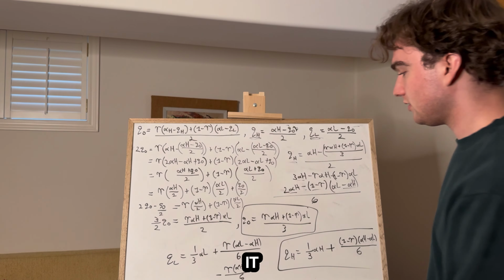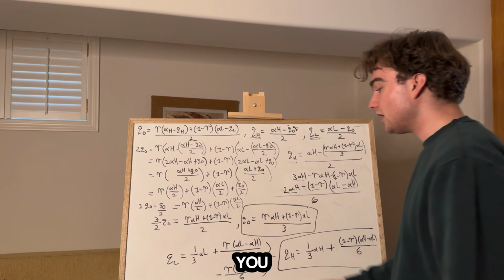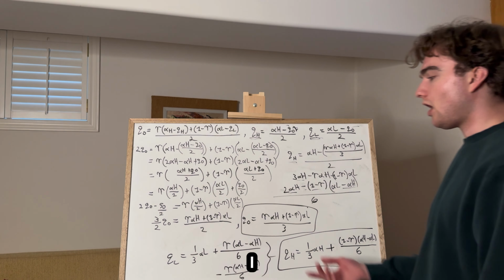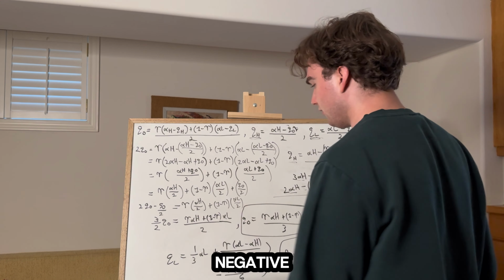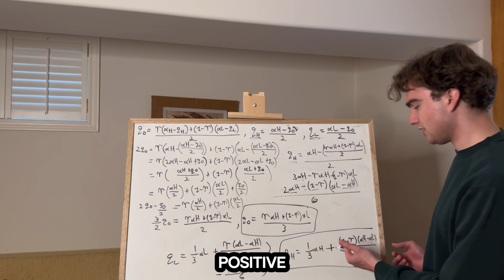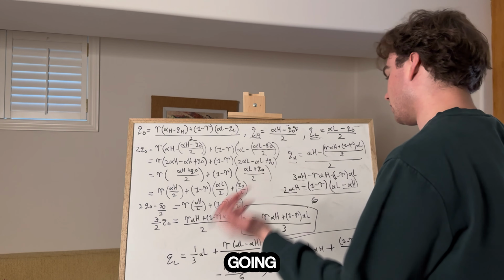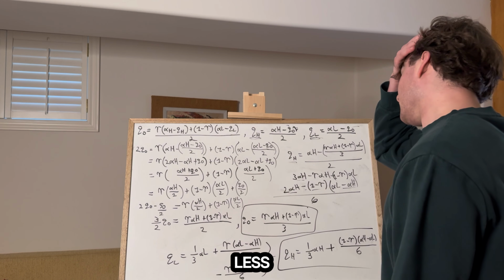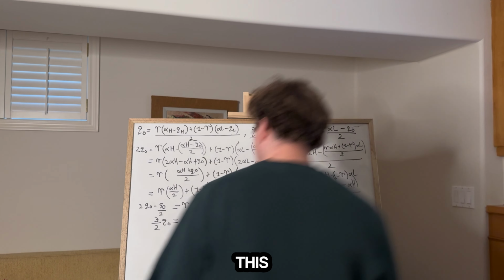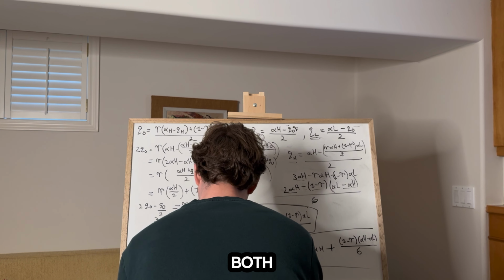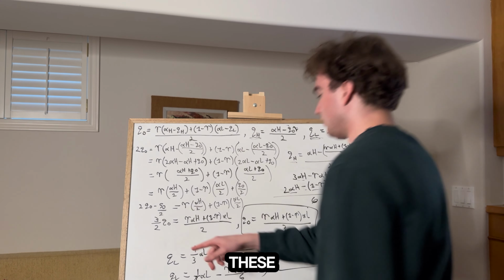This is both correct. You can do it either way you want. I just don't see why we would do it negative, because this is positive. Maybe he likes alpha H going first and then less alpha L, but I guess this is both correct, so I'll write down both things. But these are both correct.